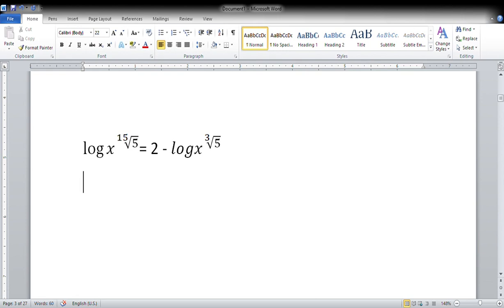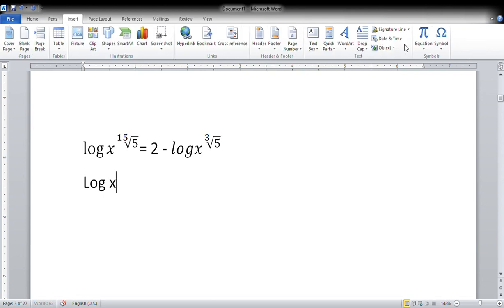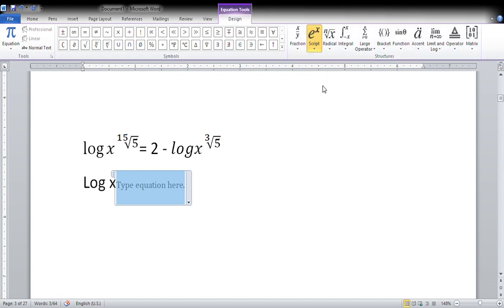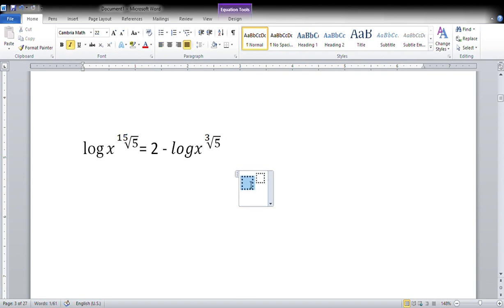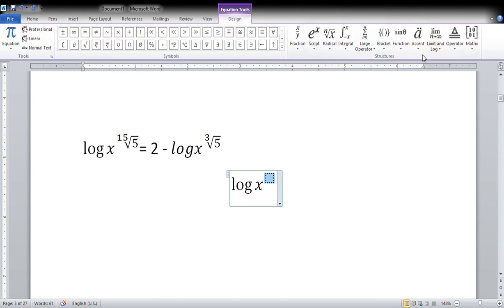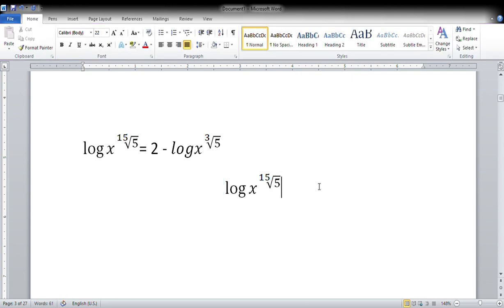The log x comes from the right side to the left side, so it should be plus.